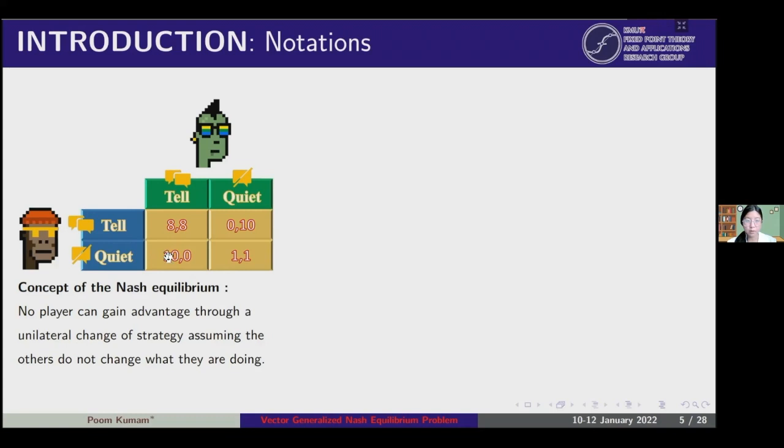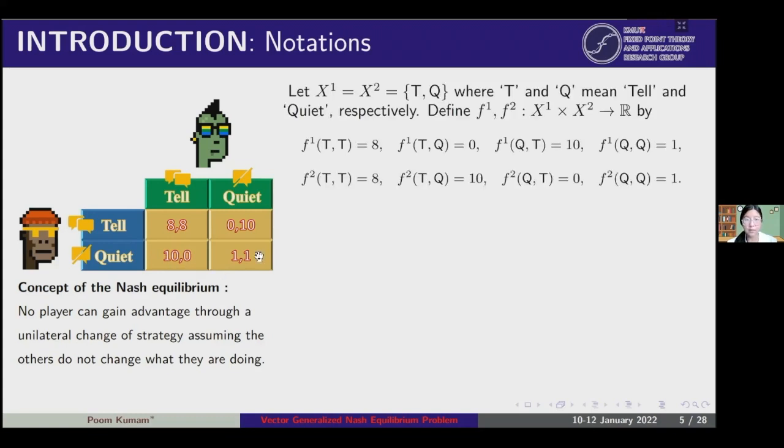From this table, we can write the notation in mathematics. X1 and X2 are the strategy sets of both players. Player 1 can select to tell or keep quiet, that is T and Q, and player 2 also can tell or keep quiet, that is the set of T and Q.